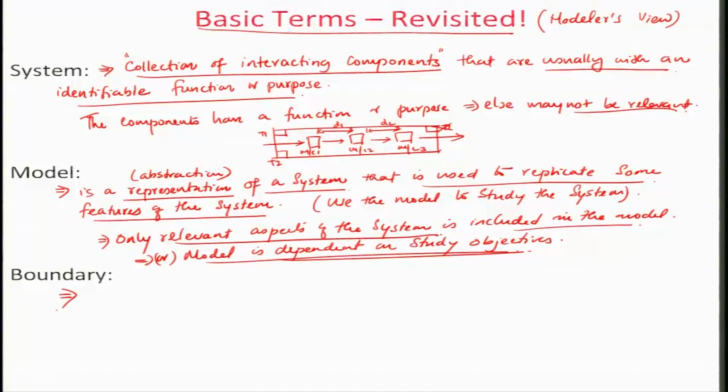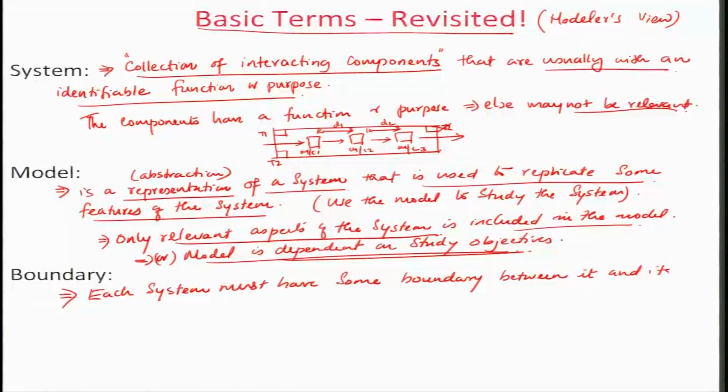Then comes the third term, called boundary. We heard about system and boundary. So, we say each system must have some boundary between it and its environment.